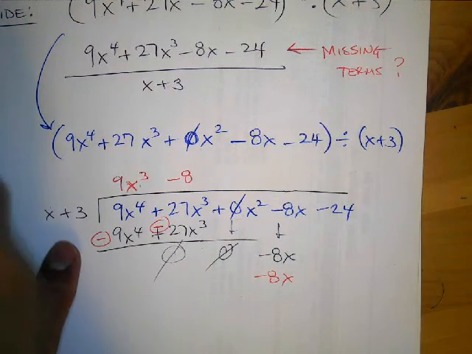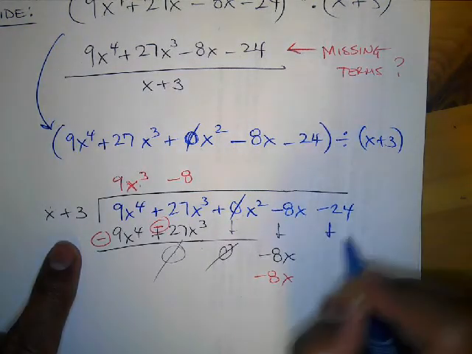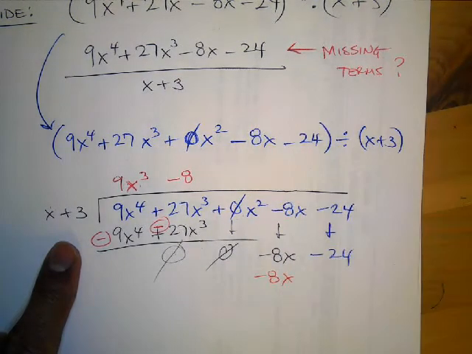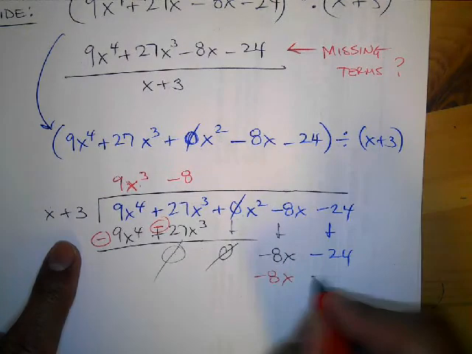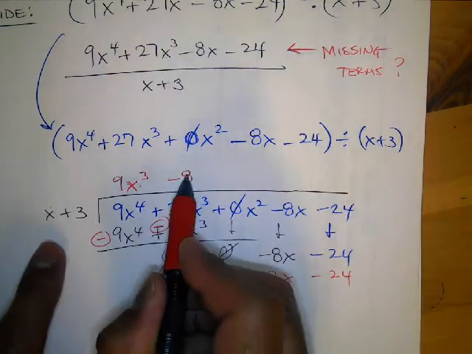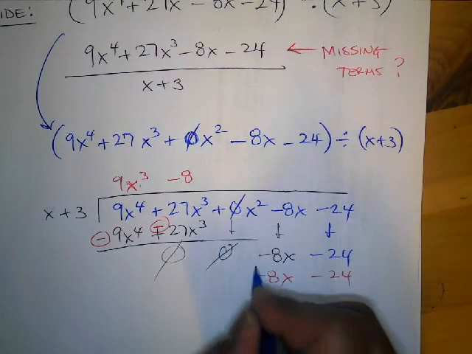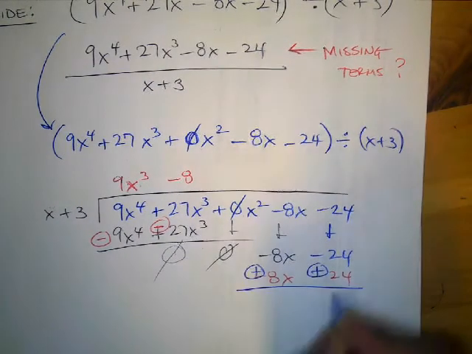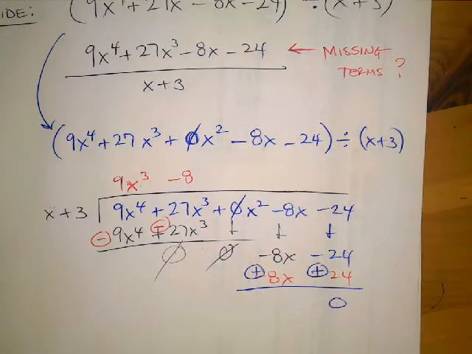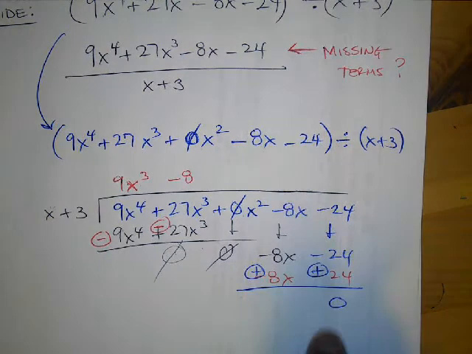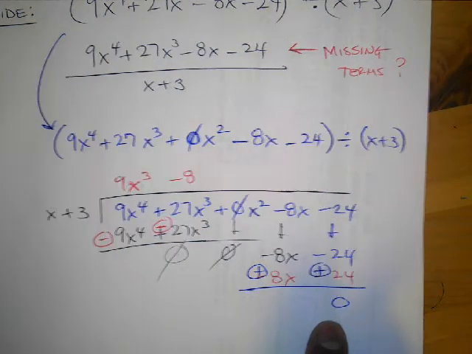And then, oh, you know, we're going to have to drop both of these. Drop both of them. And that'll be what? Minus 24. This times this, but then when you subtract, it changes the sign to a plus, and actually this divides evenly. See, I got a remainder 0.